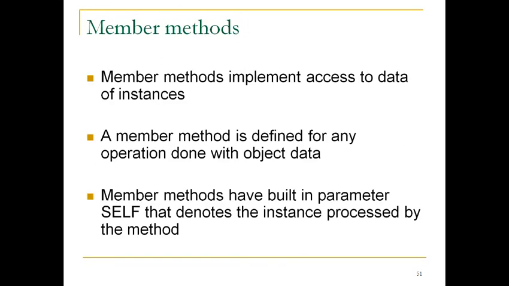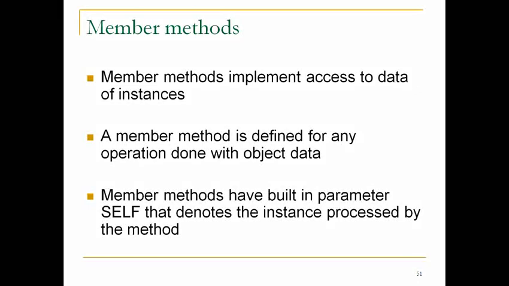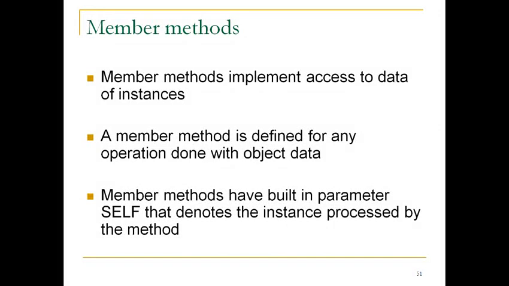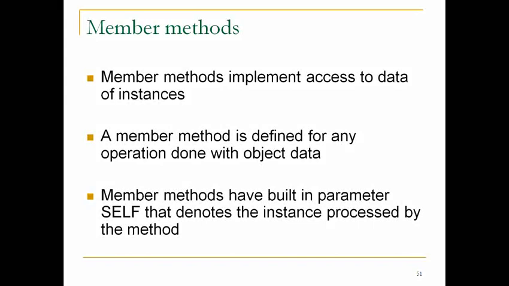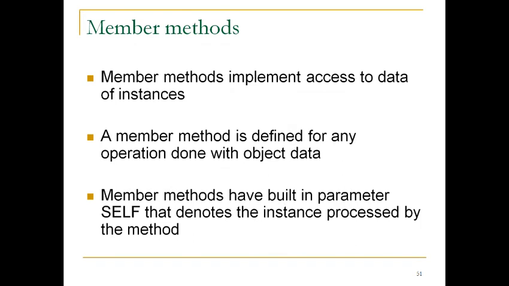So, one by one, the types of methods. Member methods are those that use and operate with the object's data. All these will be member methods, built to operate with data, to retrieve some data, to change some data, to calculate some values from the object's data, and so on.